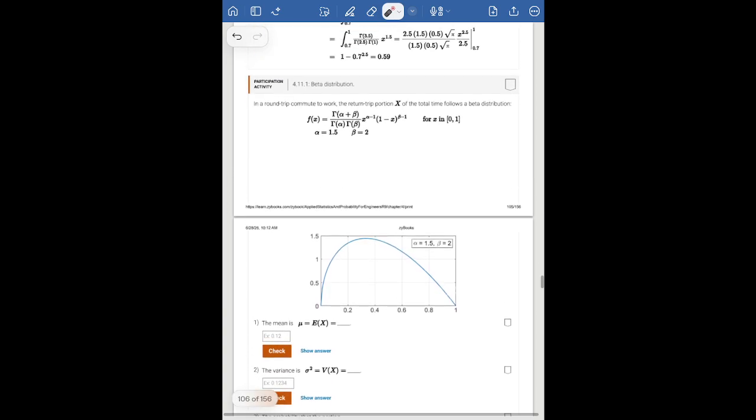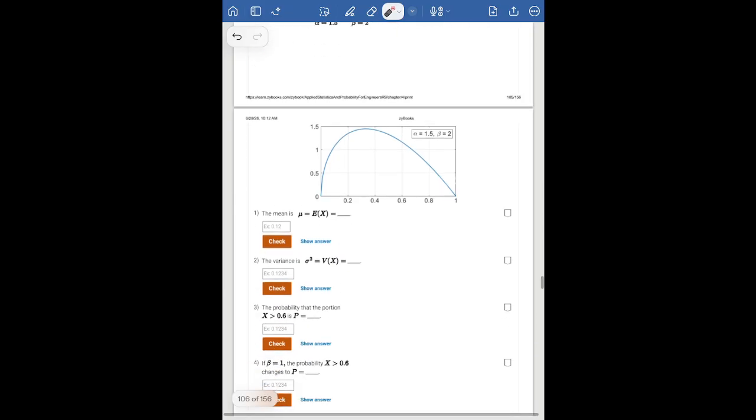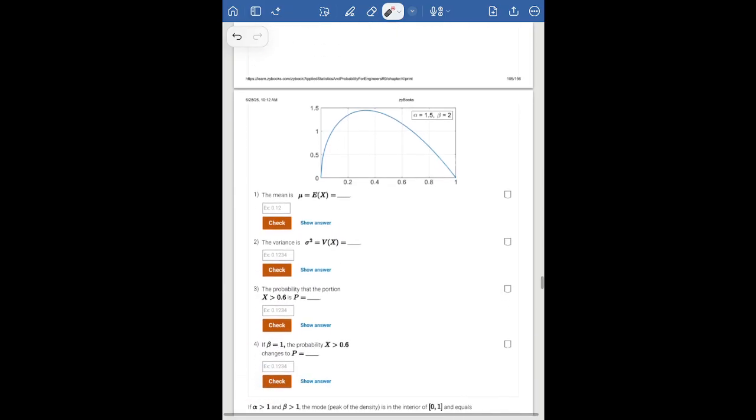All right. Another example, in a round trip commute to work, the return trip portion, X, of the total time around follows a beta distribution. And this is what we're given with those parameters. And that's our domain. In that case, we'd have this distribution.